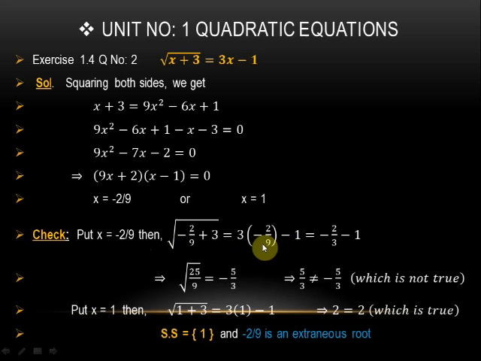On simplification, 3 cancels with 9, we will get minus 2 by 3 minus 1. On taking LCM of right side and solving by the method of LCM, we will get under root 25 by 9 is equals to minus 5 by 3.